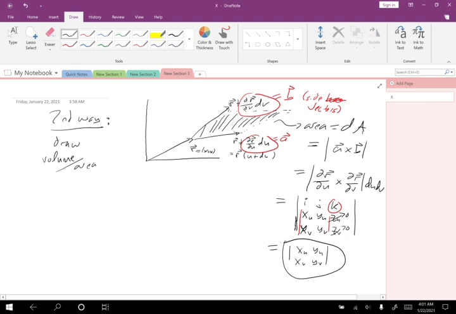Okay, so you can do something very similar in 3D to find 3D Jacobians. For example, that gives you another way to do spherical coordinates.